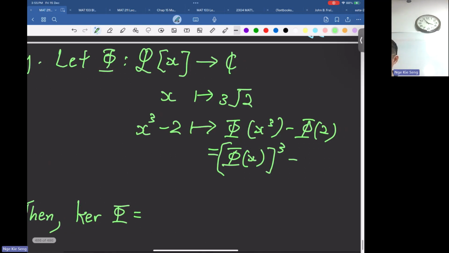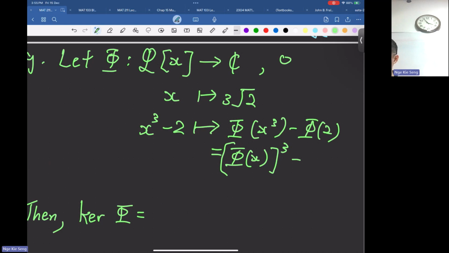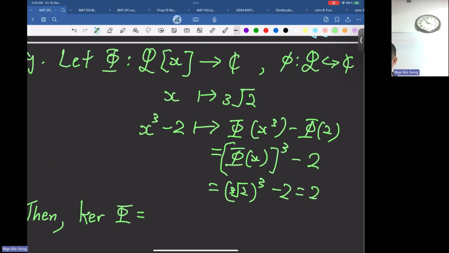You just imagine there's an inclusion from the coefficient ring to the domain, called the codomain. So it becomes 2. Here we get cube root 2 to the cube minus 2, which is 2 minus 2, which is 0. Okay.